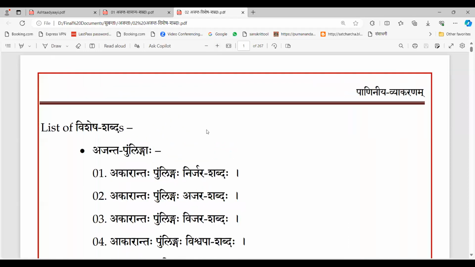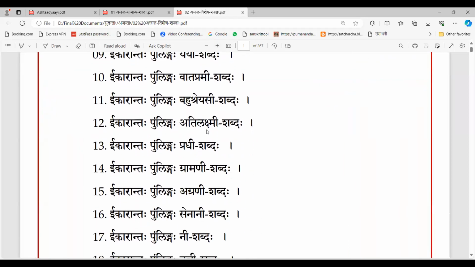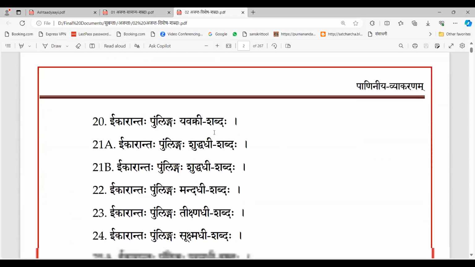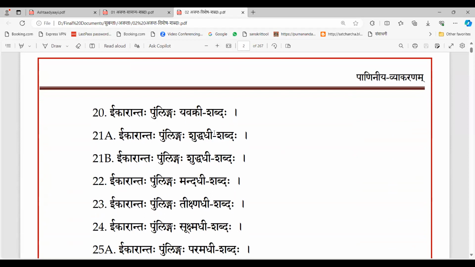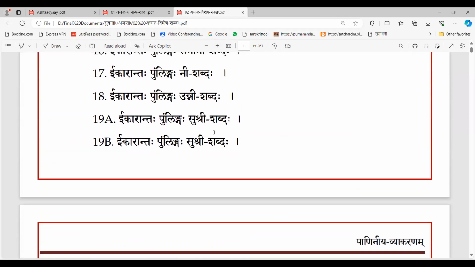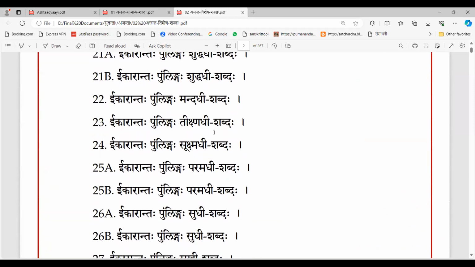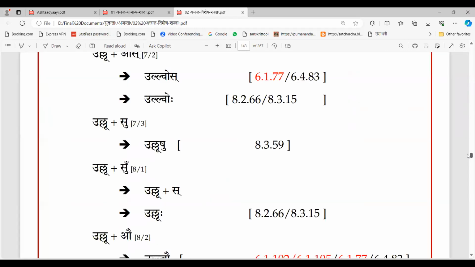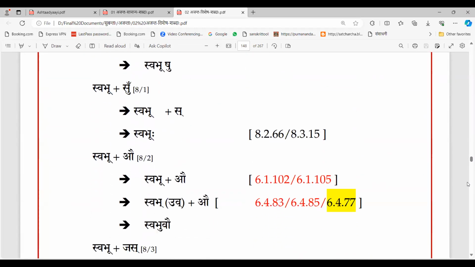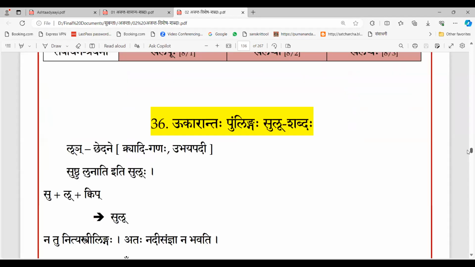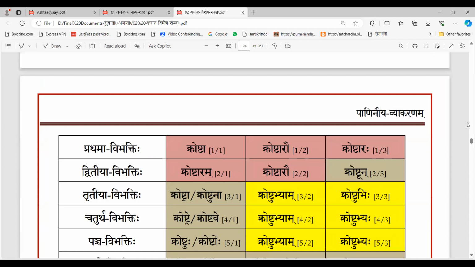Number 21. Sudhi. Shuddhadi, that one. 26A, I think. Yeah, 26A. I think the Yang Adesha we were discussing.